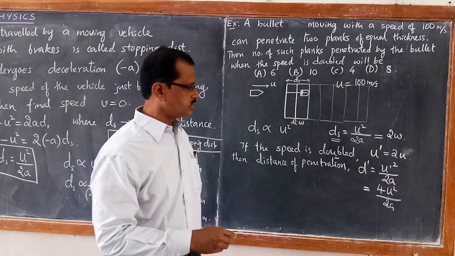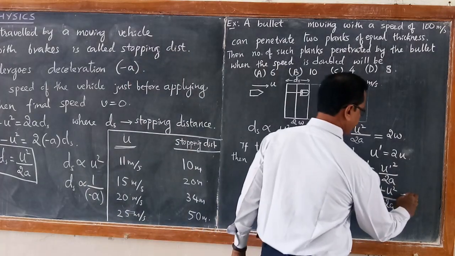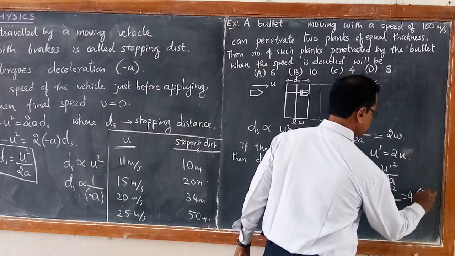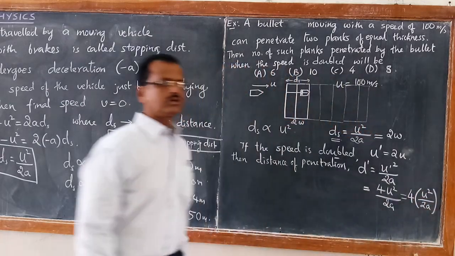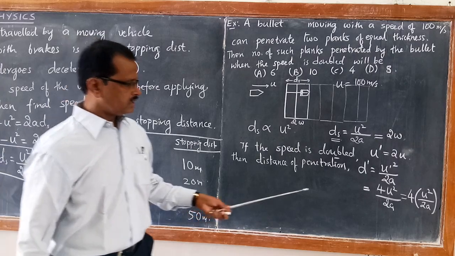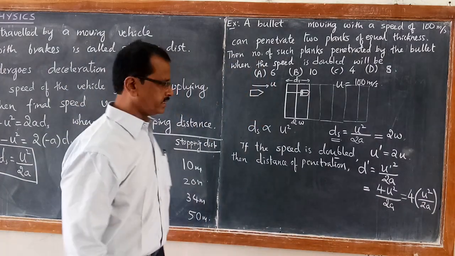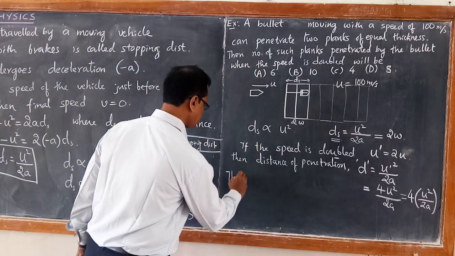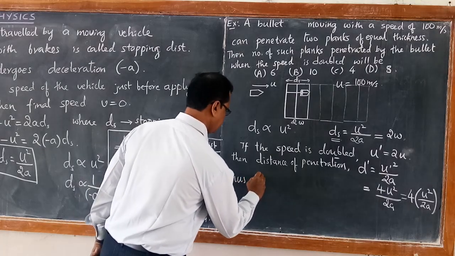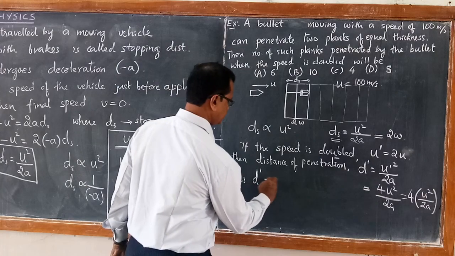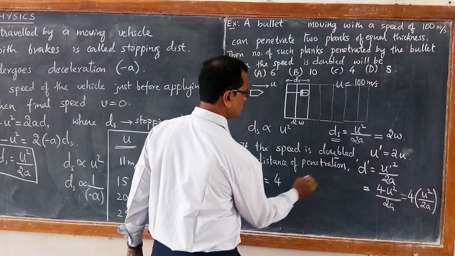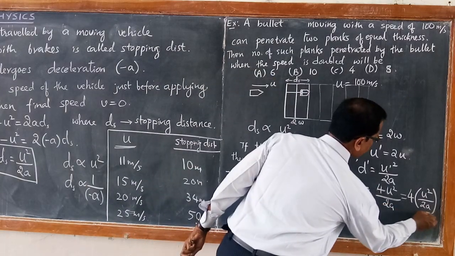Don't cancel 2 with 4. So I can write this as 4 times u square upon 2a, because I know what is the value of u square upon 2a. Thus, ds dash, the new distance of penetration, is equal to 4 times u square upon 2a.